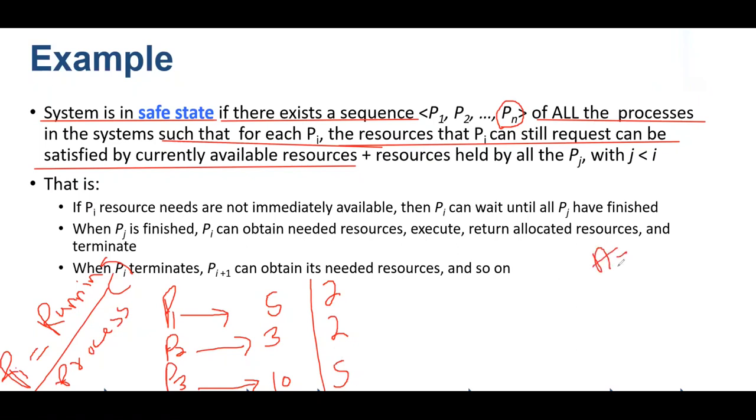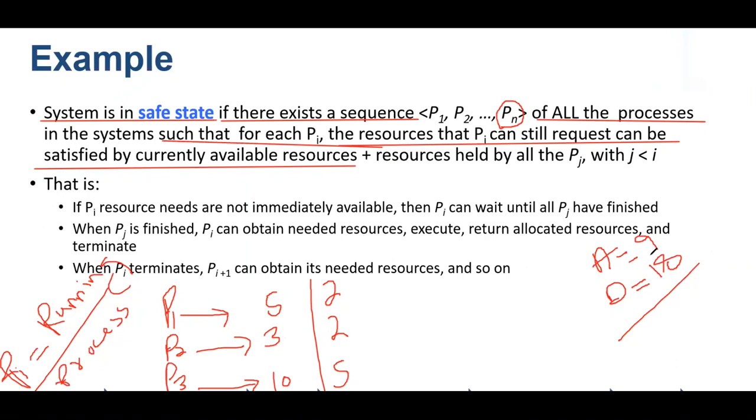Allocated resources is equal to 9. Clear? Demanded resources is equal to what? 5 plus 3 is equal to 8, 8 plus 10 is equal to 18. So how much is required? We have to subtract them, but we will not do that right now. Let's make it easy because we will study them in the banker's algorithm.